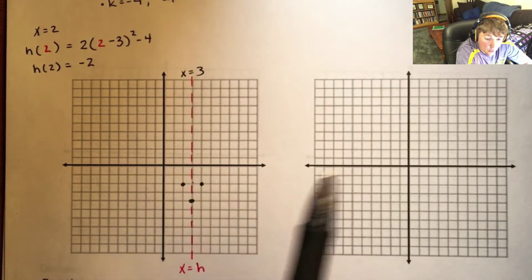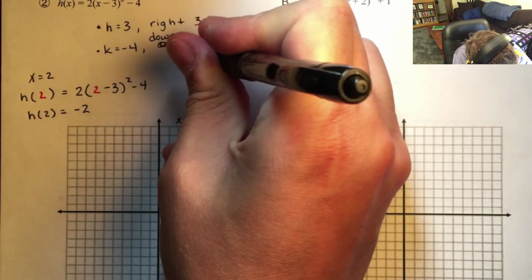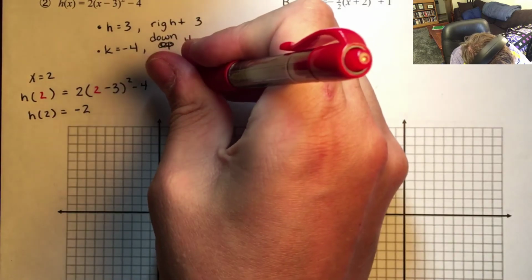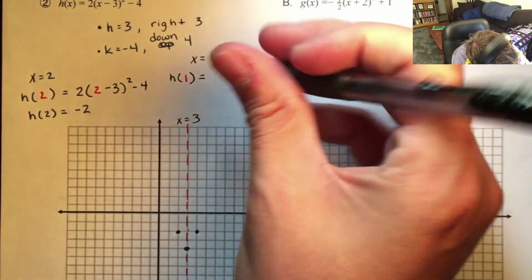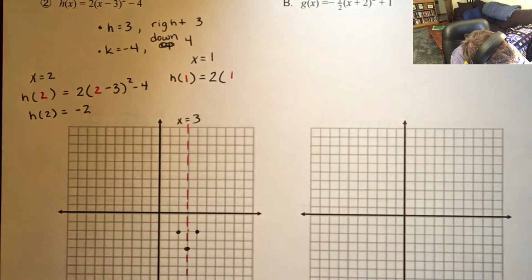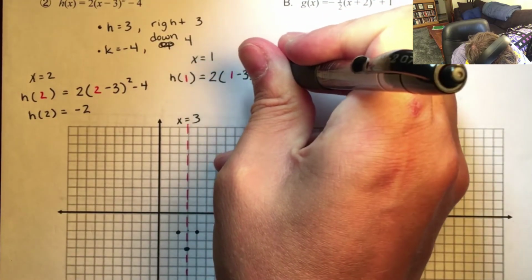I'm going to pick 1 because, again, I like to deal with small numbers. So when x is equal to 1, that means h of 1 is going to be equal to 2 times (1 minus 3) squared minus 4.